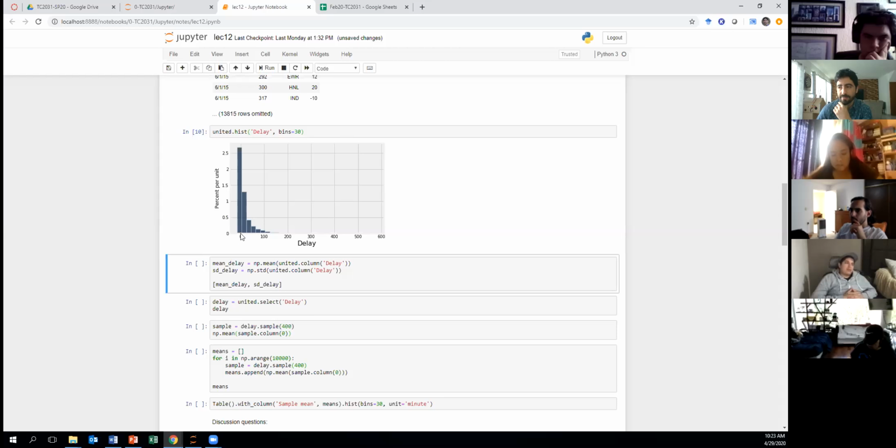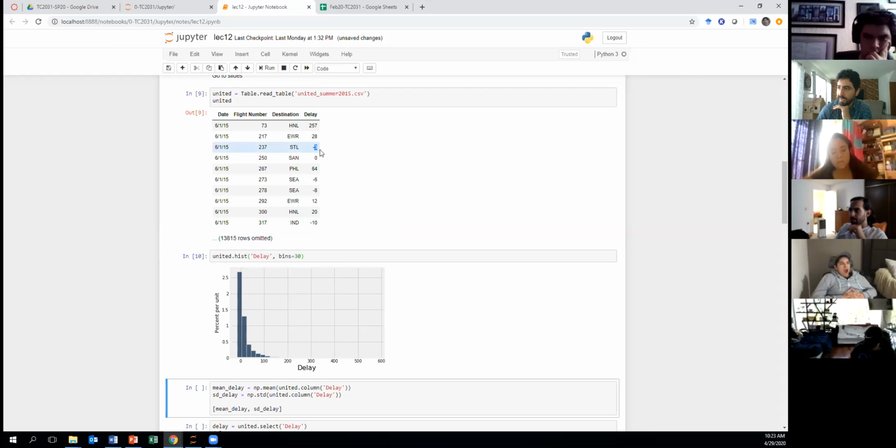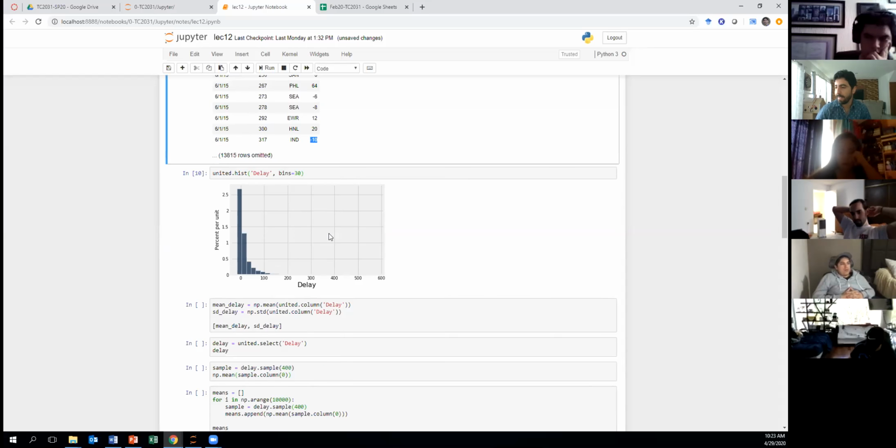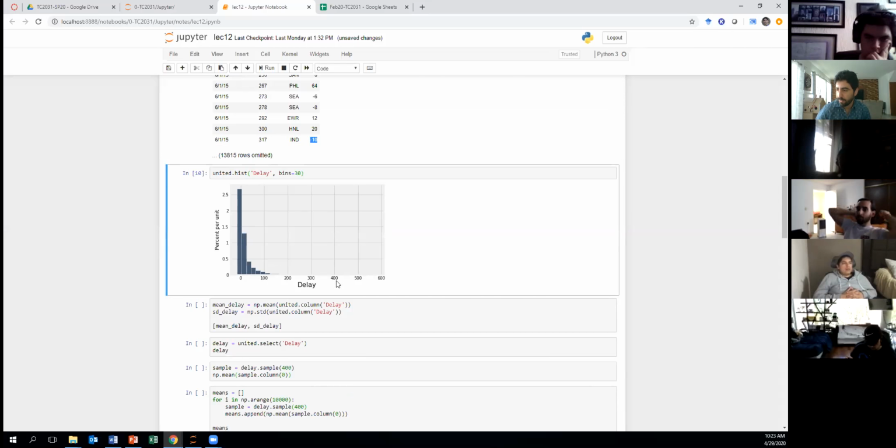Some of them are even flying slightly faster. These are in minutes. These negatives are flights that took off or arrived earlier, like 10 minutes earlier than the scheduled time. But it goes all the way from on time to 20 minutes, 30 minutes, 40 minutes, all the way to a few hours. So this was the distribution for this.